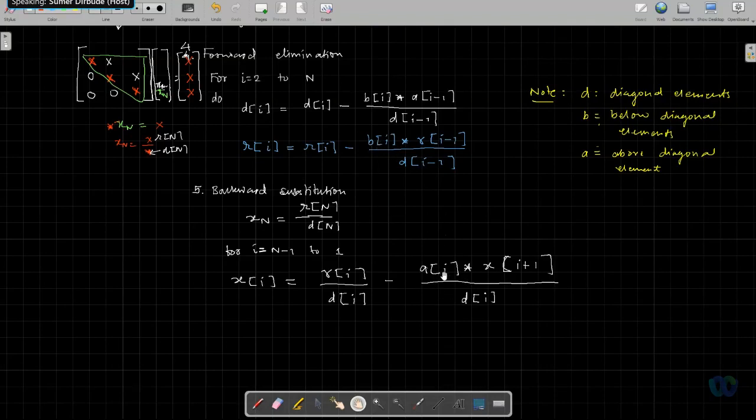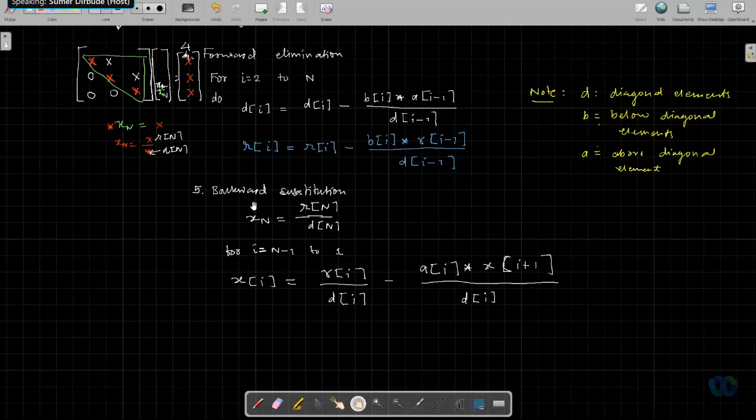So please note, in your back substitution you have only ai. In forward elimination you have bi and di and the corresponding a and r. And here you have the corresponding x and d and ai and ri and di. So this is the way you have to calculate.